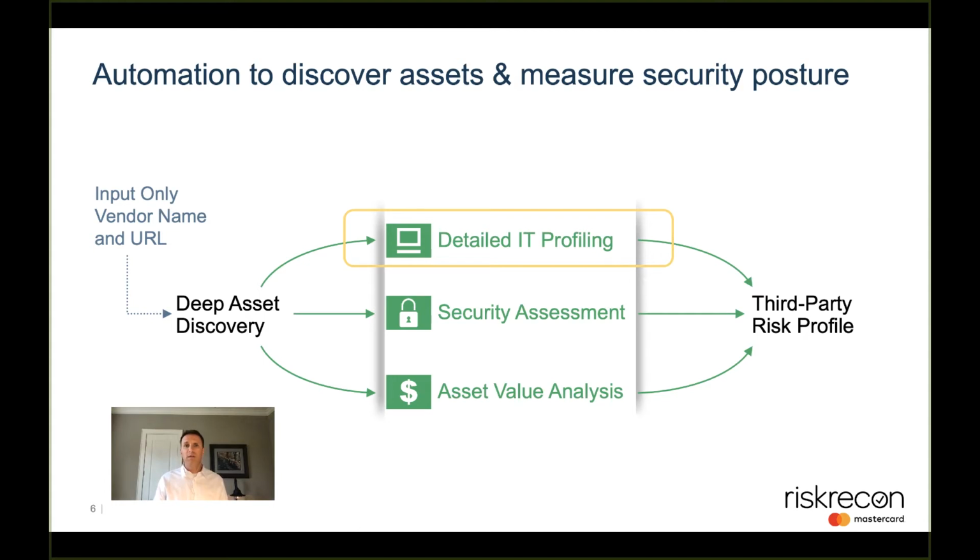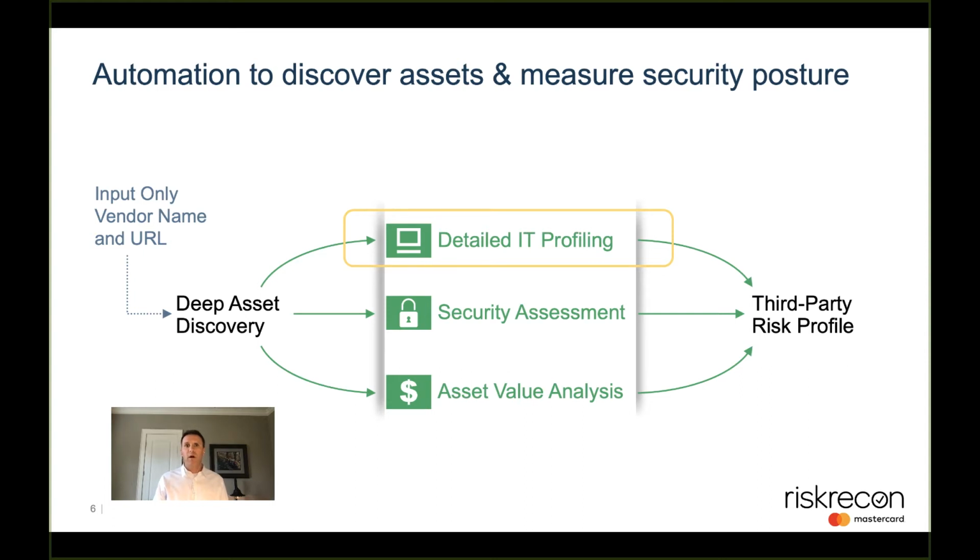In order to begin this process, all that RiskRecon requires is a company name and domain. Our automation then begins to build a profile for that organization, which includes wholly owned subsidiaries, products, and services, really any component of the organization with a unique web presence that we can use to discover additional assets and information that should be associated with that organization.